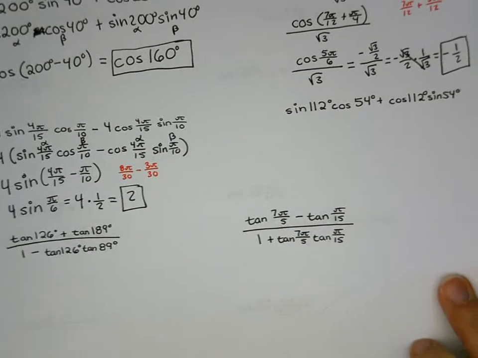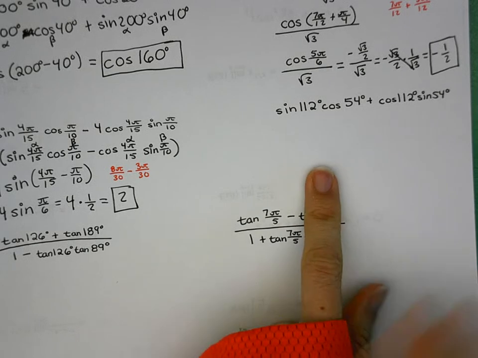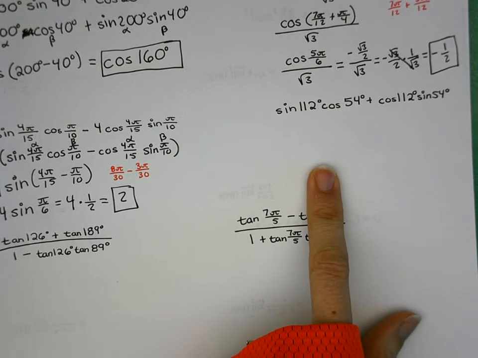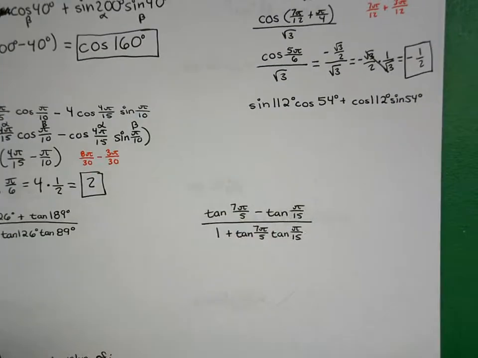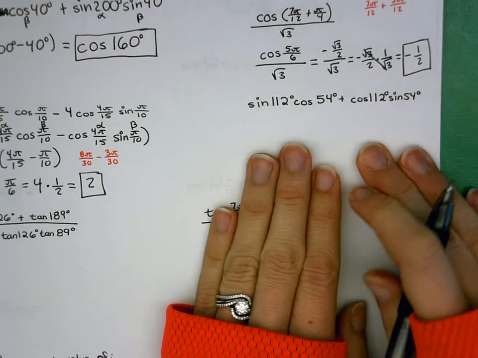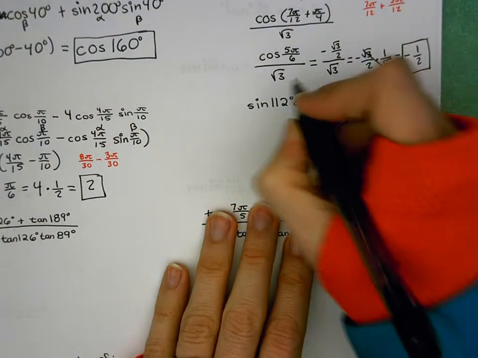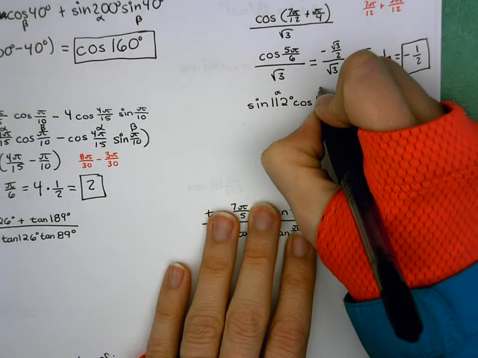Next up, go ahead and pause the video, give this one a shot, restart it when you are ready. This particular one looks the most like the sine alpha plus beta rule. In fact, it's pretty much directly from it. Alpha, beta.